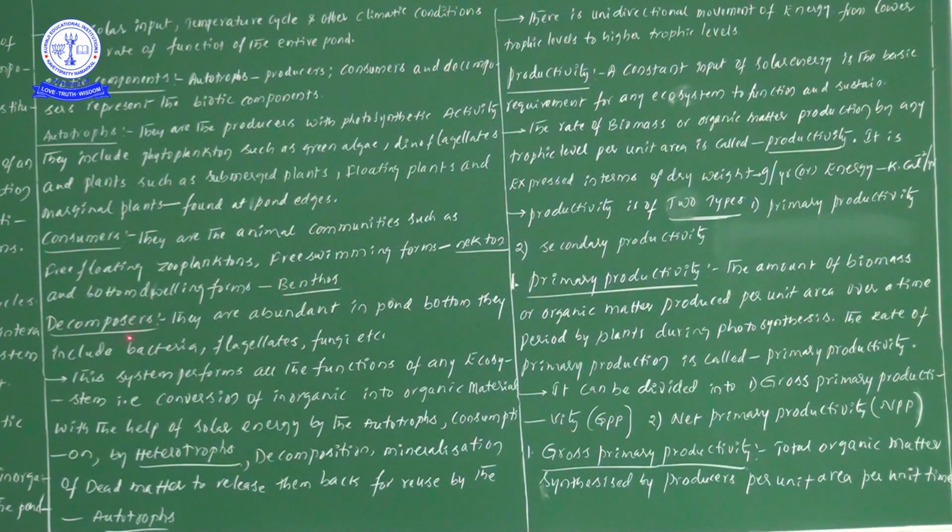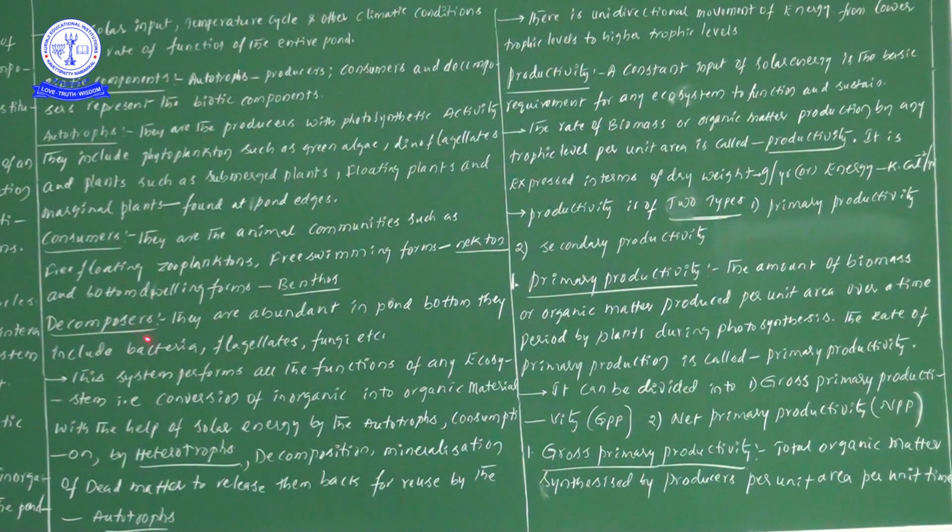Next, decomposers. Don't forget, this particular information is only regarding the pond ecosystem, so consider it there. Decomposers are abundant in the pond bottom.